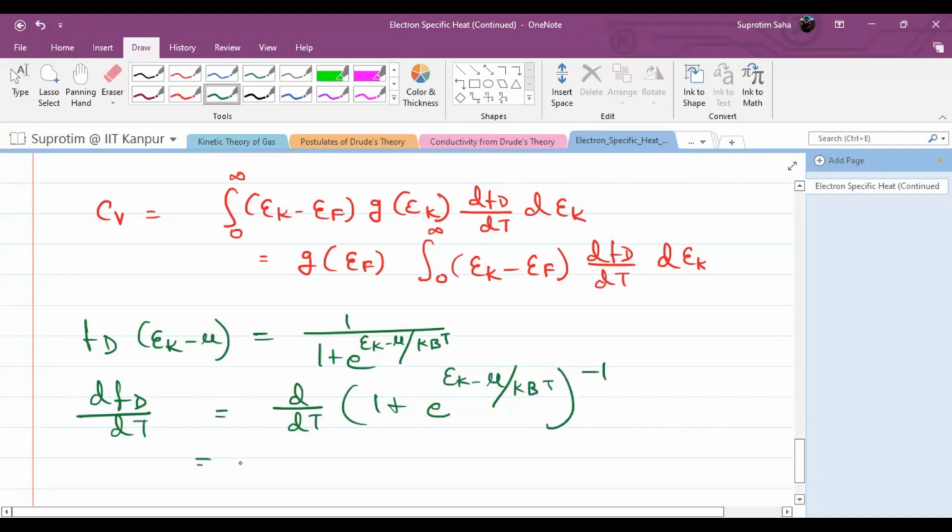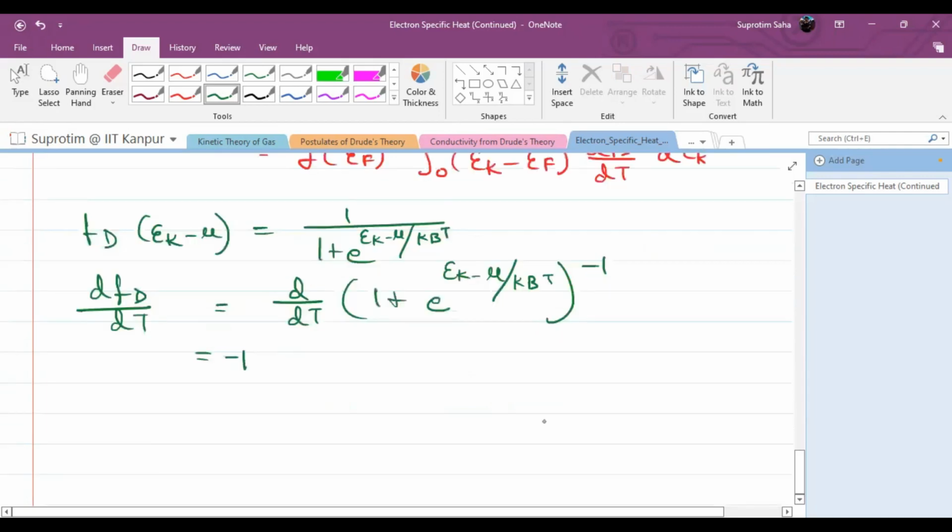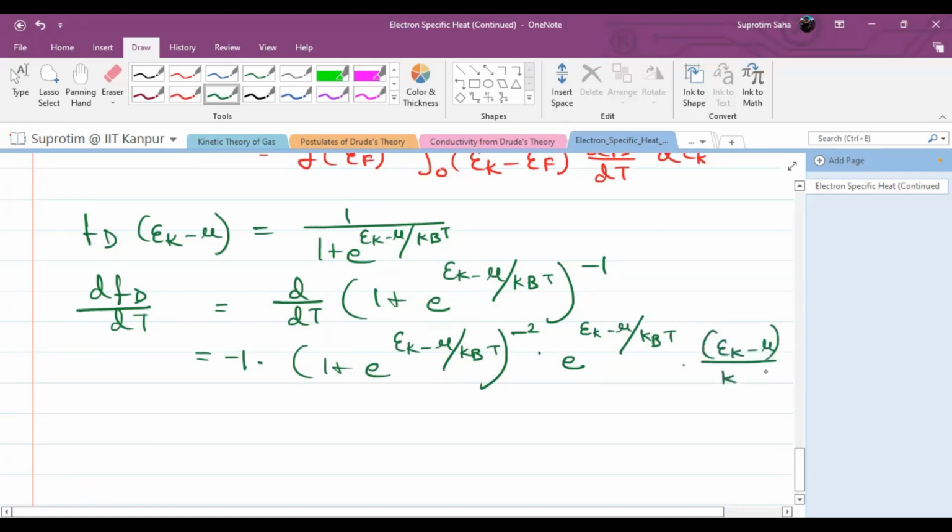So this will be minus 1 times 1 plus e raised to Ek minus mu over kBT to the power minus 2, times the differentiation of the exponential, and this is Ek minus mu over kBT squared.